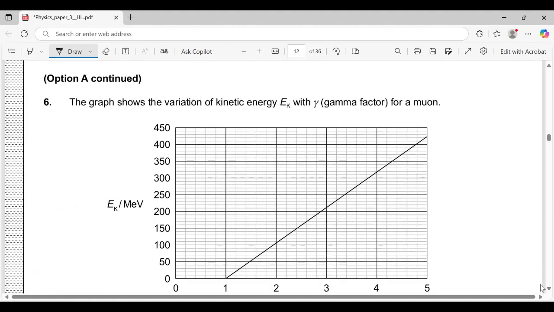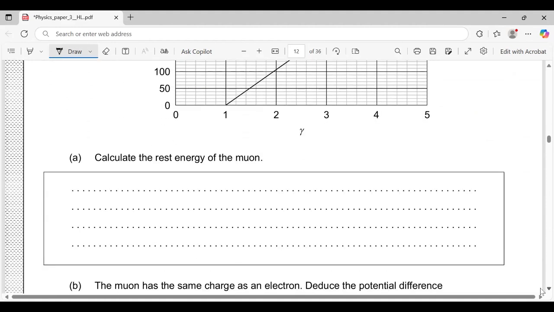Let's continue. The graph shows the variation of kinetic energy with gamma factor for a muon. This is the graph. Calculate the rest energy of the muon.